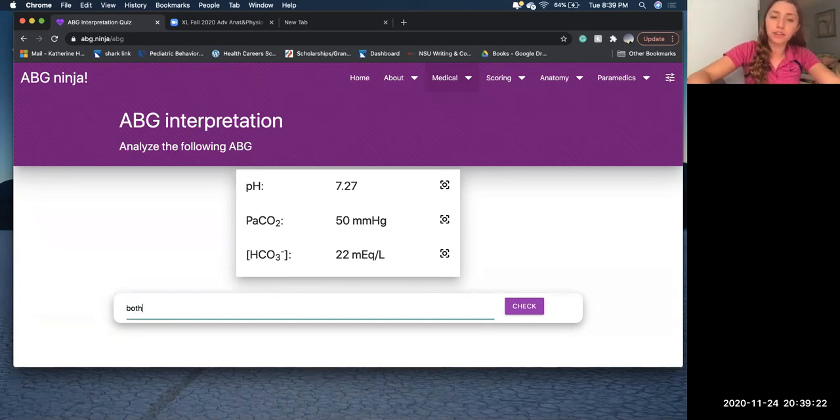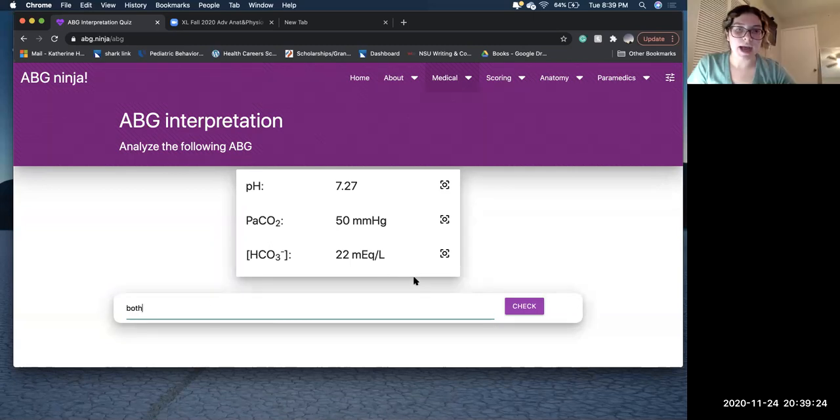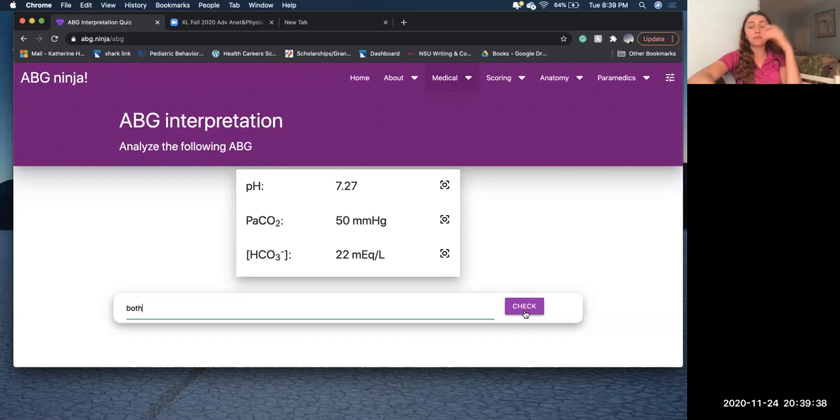Both? Like how do you do that? I would think that if there's a higher CO2, wouldn't there be a higher amount of bicarb to try to compensate for that higher CO2? Yes. Okay, I get what you're saying.